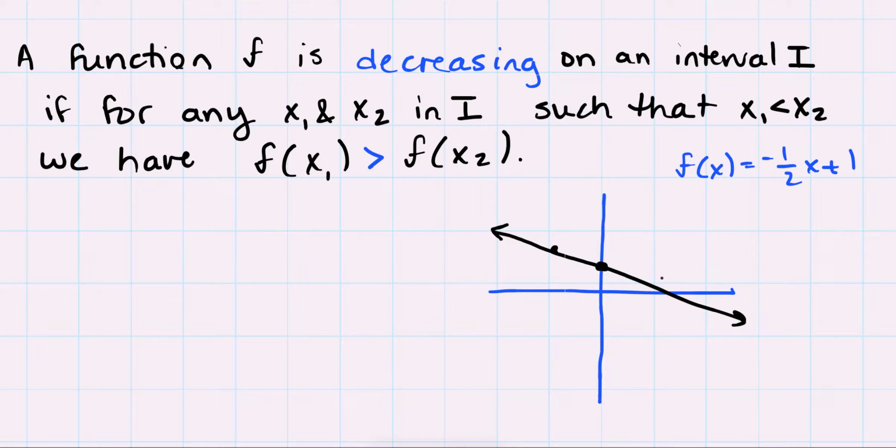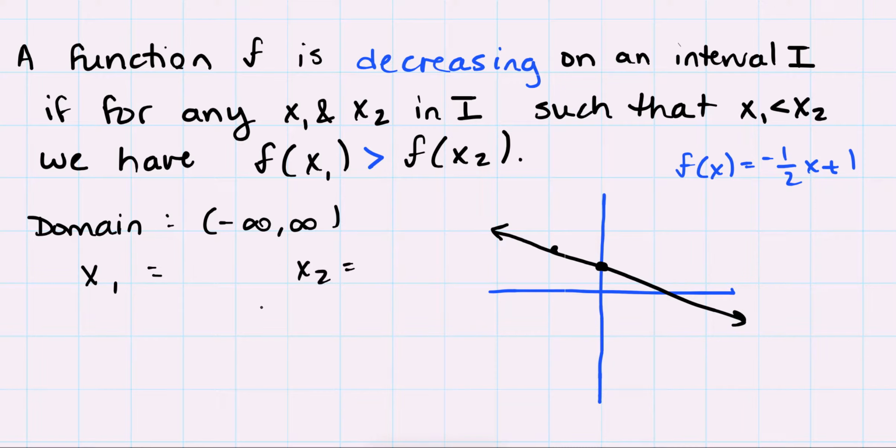It doesn't have to be perfect. Again, the domain for this function is all real numbers. So I can just choose an x1 and an x2, but I want x1 to be less than x2. So let's say 4 for x1, and let's do 6 for x2. Okay, definitely x1 is less than x2, so I have this property here.